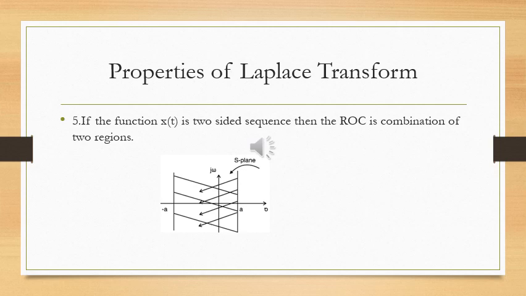Now, for the left-sided sequence, we will have an ROC which is drawn towards the left side. And for the second sequence, we will have an ROC which is drawn towards the right side. Always remember, when you have a combination of a left-sided and a right-sided sequence, the common region is considered as the ROC for the given equation.